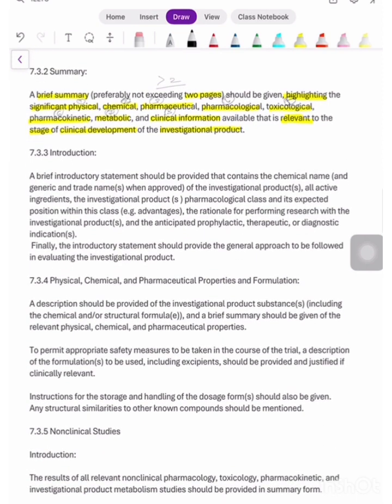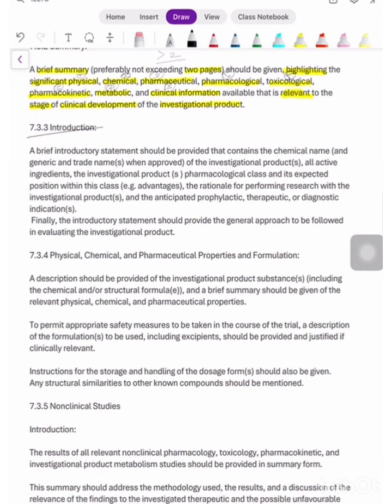Next comes the introduction. A brief introductory statement should be provided that contains the chemical name, generic and trade names when approved. It contains the chemical name of the investigational product, all the active ingredients of the product, that is the API. Then the pharmacological class, which class it belongs to, and its expected position within the class, for example advantages.